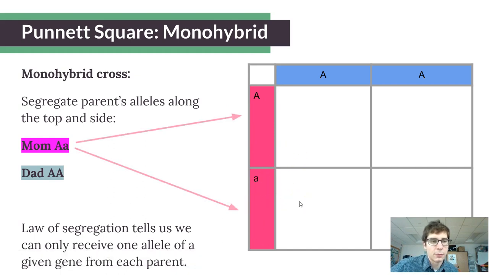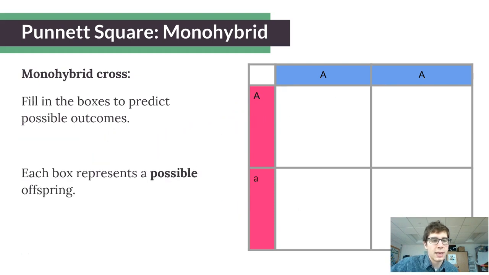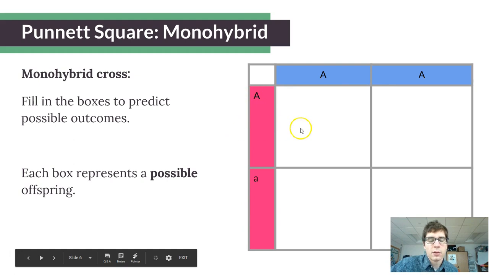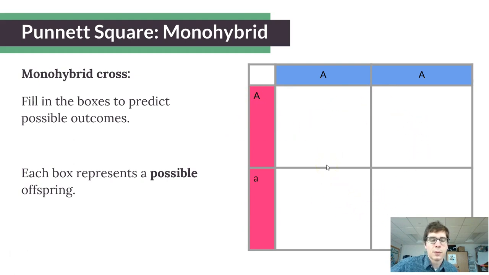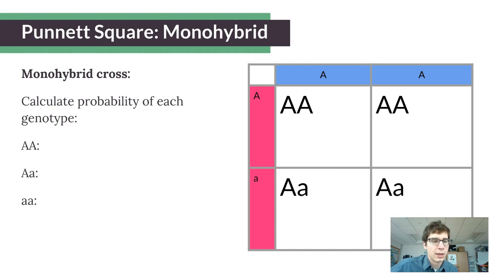Step 3, we are going to predict the possible outcomes. So each box represents a possible outcome. You're going to fill this out by distributing each of the alleles. Then we calculate the probability of the genotypes.